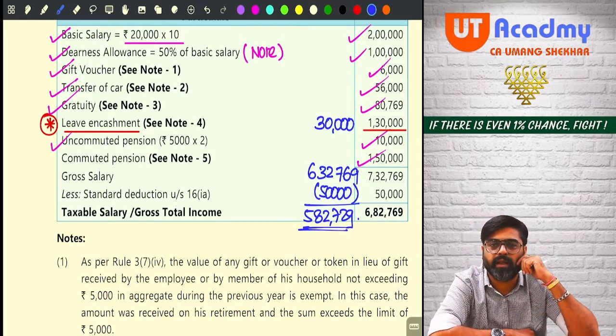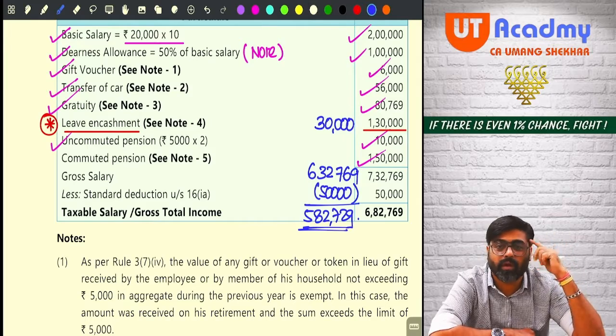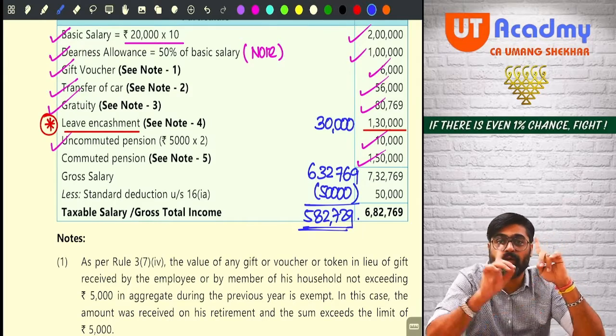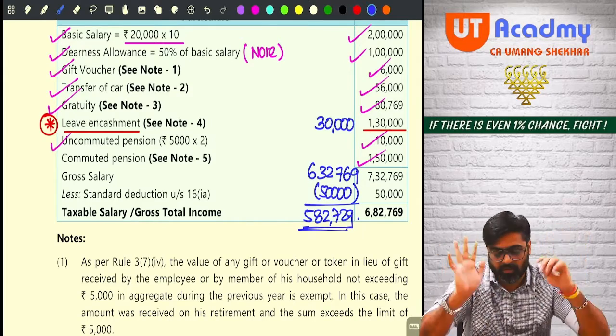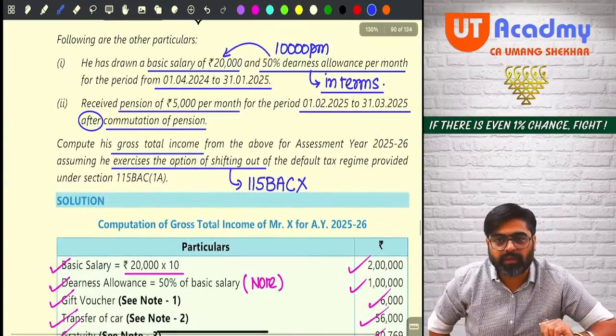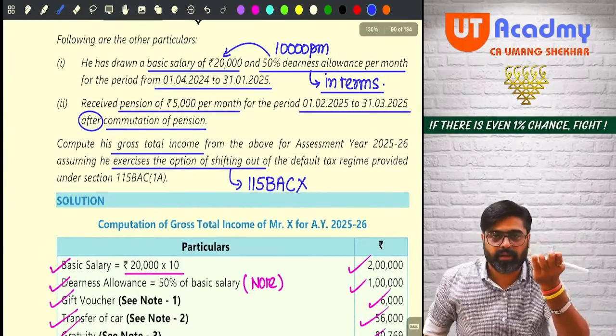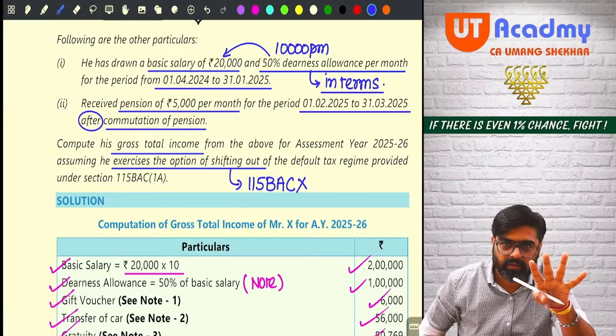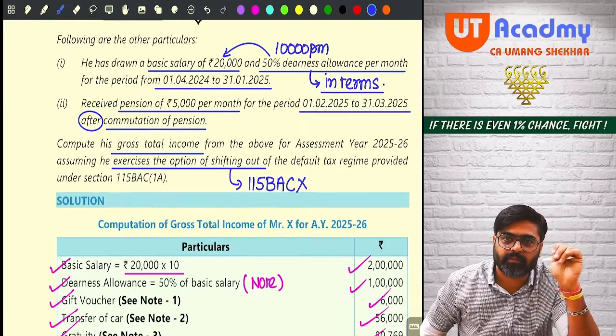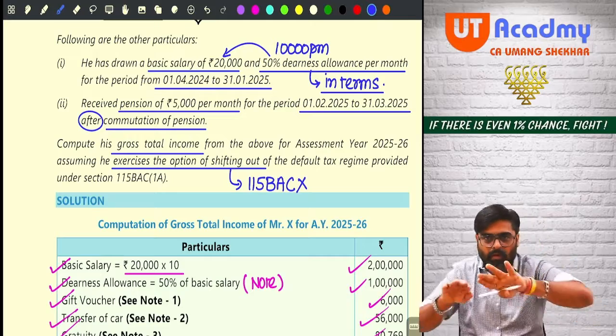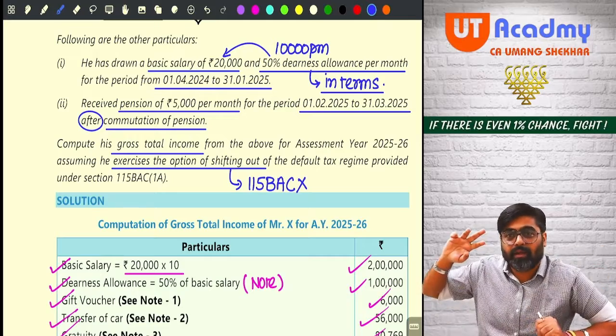Whereas the institute is getting 1 lakh more. Now 1 minute, everyone should focus now. If I ask you one thing, you are getting leave salary on your retirement. So can I say leave salary which you are getting is a retirement benefit? Now forget this thing. DA we discussed.